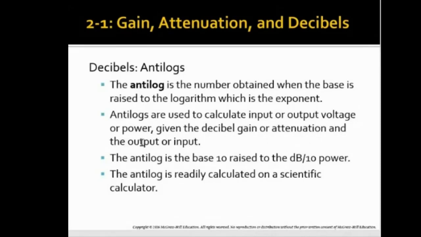The anti-log is the base 10 raised to the dB over 10 power. This is for power, okay? dB over 10. But if it is for voltage, it's dB over 20. The same for current also, dB over 20. The anti-log is readily calculated with a scientific calculator.